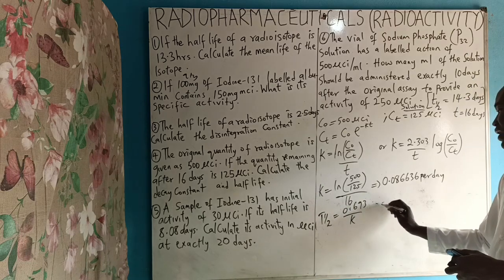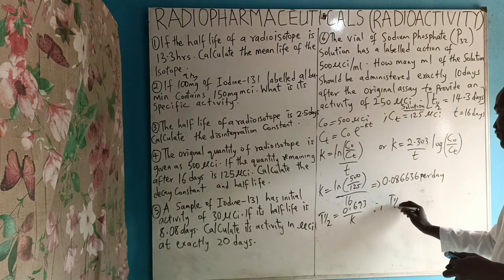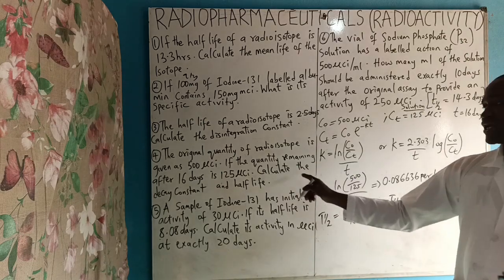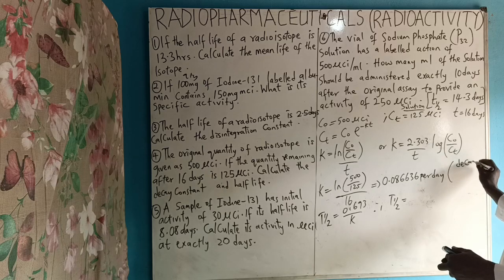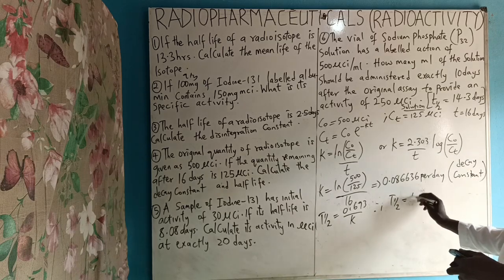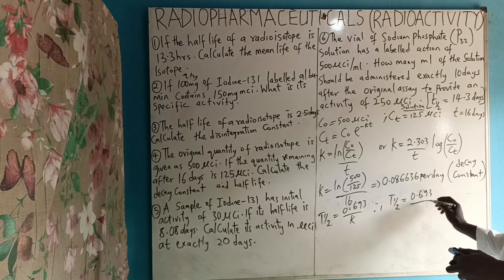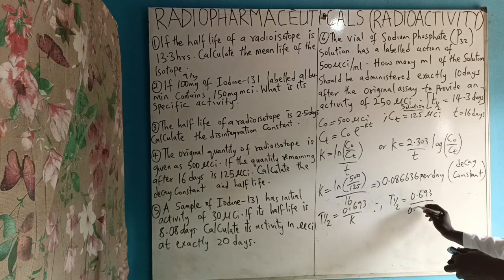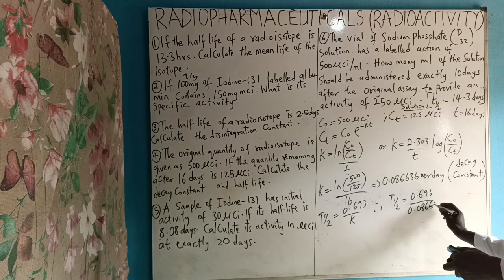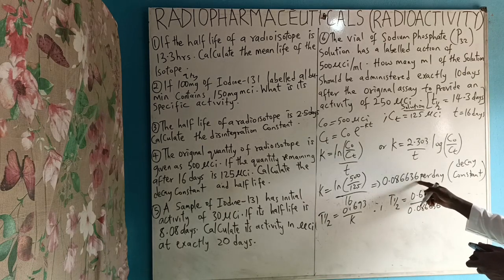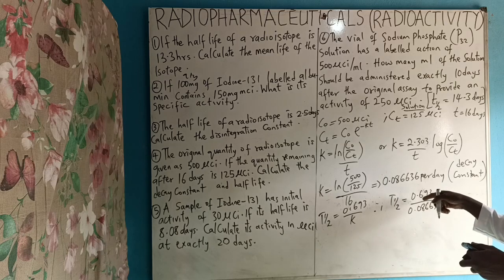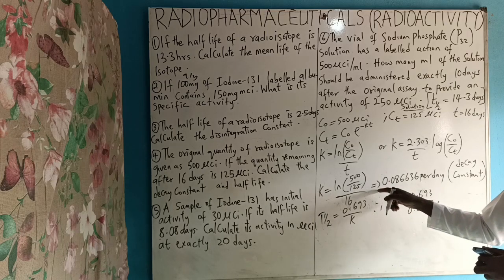And so recall that your half-life is equal to 0.693 over K. This is your decay constant. Then for half-life, 0.693 all over K, 0.086636. Why we use a longer number is because this is not the end of the question they asked us.